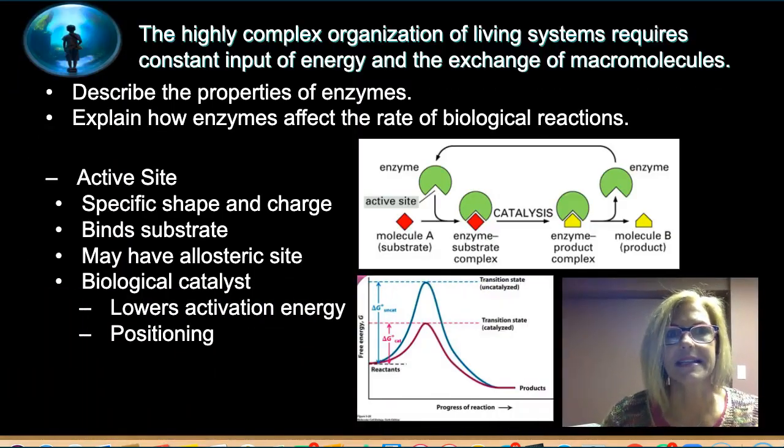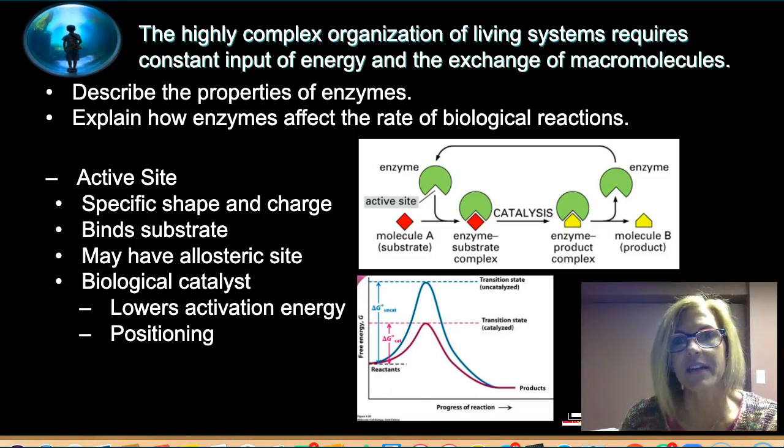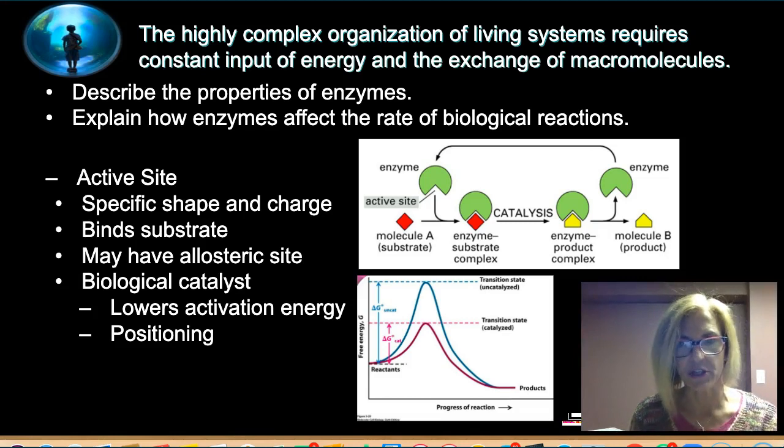Okay, so the big idea: the highly complex organization of living things requires constant input of energy and the exchange of macromolecules. That's going to be the underlying theme for almost all of these slides. First of all, we need to be able to describe the properties of enzymes, and remember, describe means to pretty much make a mental picture in words. So you would talk about the protein structure, primary, secondary, tertiary, quaternary, and the overall structure of the enzyme is at that quaternary level, right?